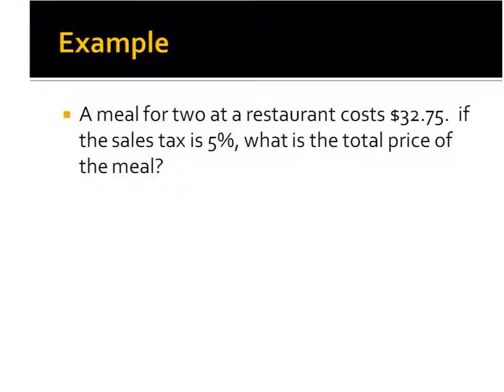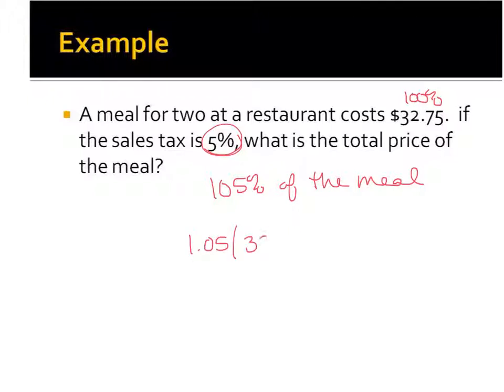A meal for two at a restaurant costs $32.75. If the sales tax is 5%, what's the total price of the meal? So you're going to pay 100% of the meal, plus you're going to pay 5% tax. So you are going to pay 105% of the meal. Well, what's that? That's going to be 1.05 times the meal.